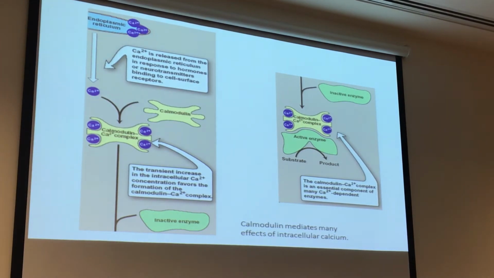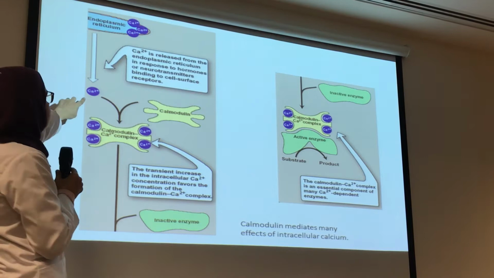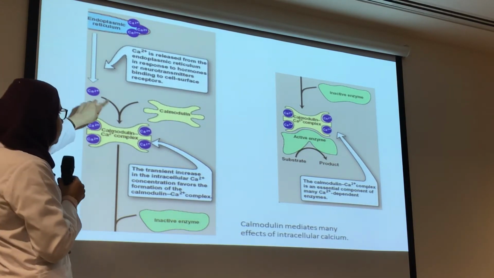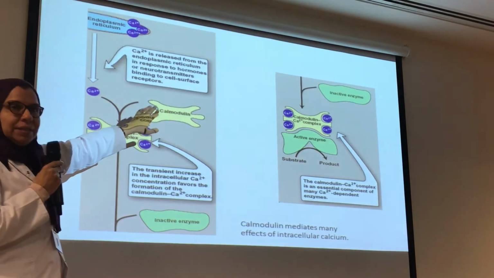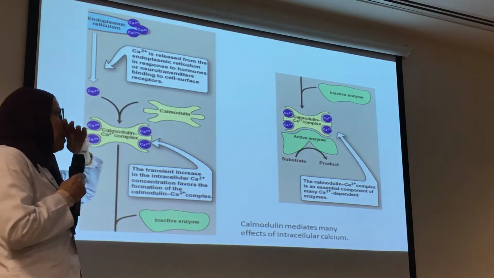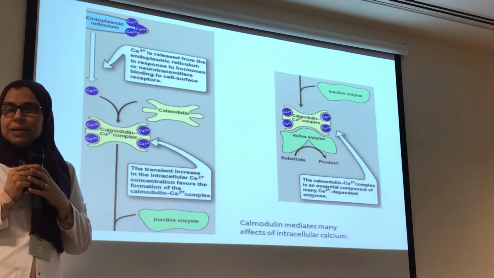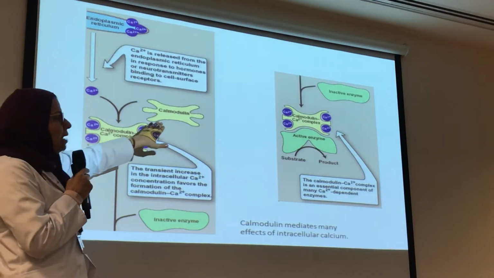Sarcoplasmic reticulum. Okay, so you know more than me in physiology. So this released calcium during activity will bind to a protein, a member of a family of calcium binding proteins, which is calmodulin.